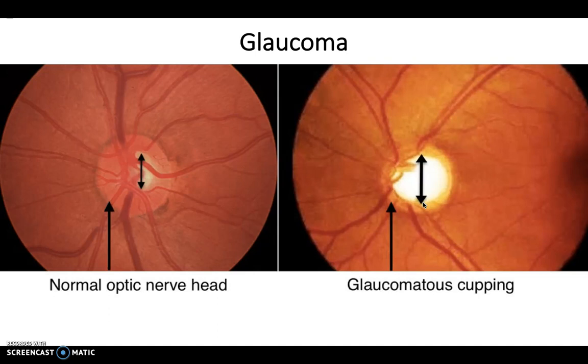There's another newer investigation called optical coherence tomography, which can let us know the thickness of the retina, which of course gets damaged in diseases like glaucoma. So please remember, an increased cup disc ratio is quite an important finding, and the patient needs to be investigated for a disease called glaucoma.